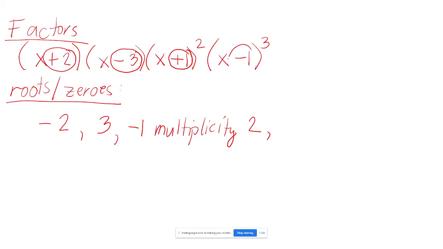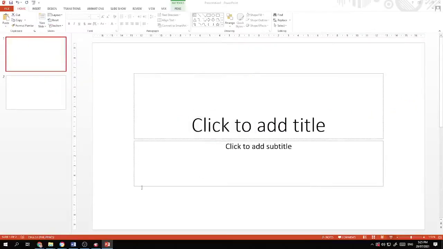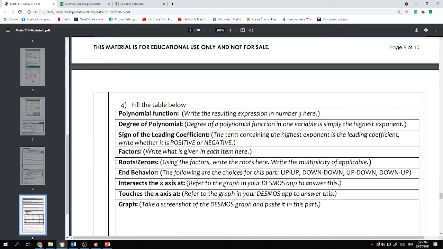What is the opposite of negative 1? Positive 1. Multiplicity 3. So this is how you write the roots or the zeros. Okay? So, balik ta sa ato. Just keep that. Let's go back to our module. There you go. So, okay na ni siya ang factors, okay na ni ang roots or zeros.